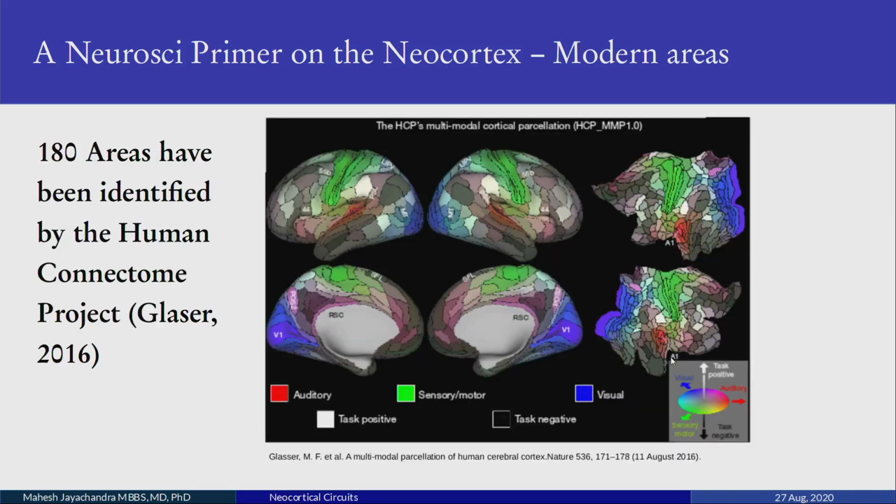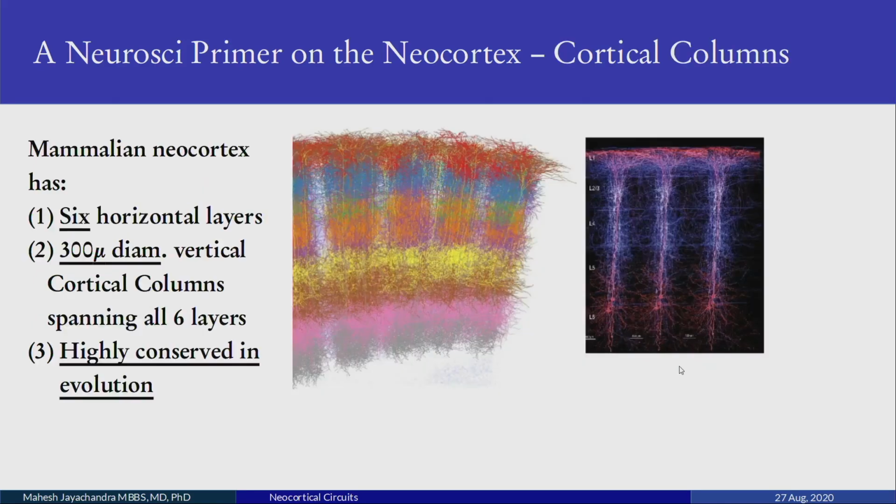So fast forward to the 21st century. Based on other imaging methods, fMRI and tensor techniques, we have more than 180 areas which have been identified by the human connectome, and new areas are being discovered all the time. So the cortical column, what is it?